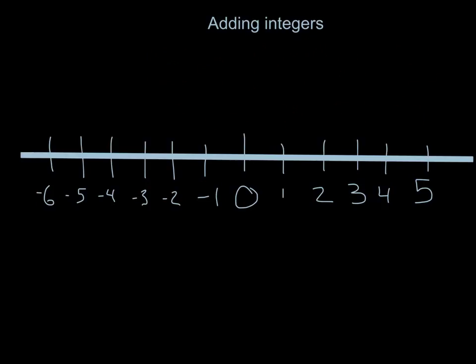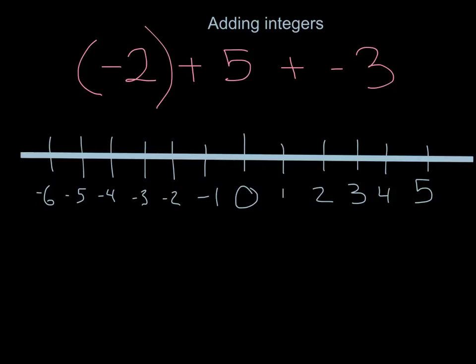Now, this would also work if I had a 3-part problem, like we talked about before. So, let's try this one. I'm going to put the parentheses around just to make sure we know the difference between our addition and where our negative numbers are.